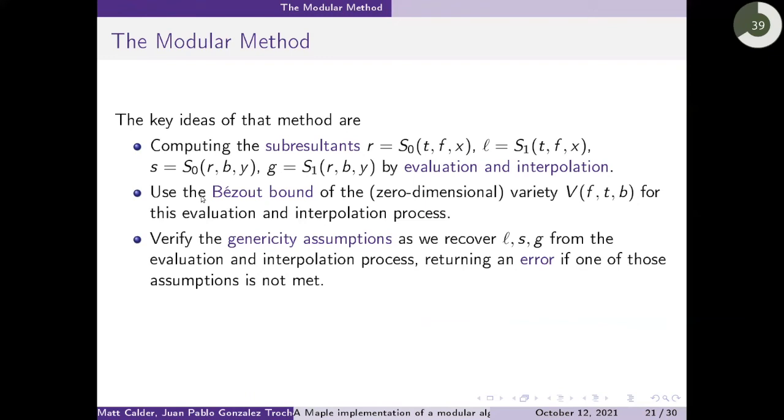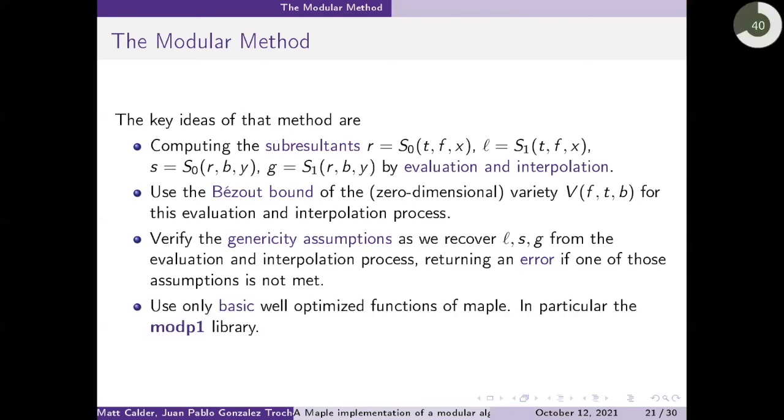We verify the genericity assumptions as we recover L, S, G from the evaluation and interpolation process, and return an error if one of these assumptions is not met. And we only use basic well-optimized functions of Maple. In particular, we use the ModP1 library to make the computations of the subresultants in 1 and 2 variables.